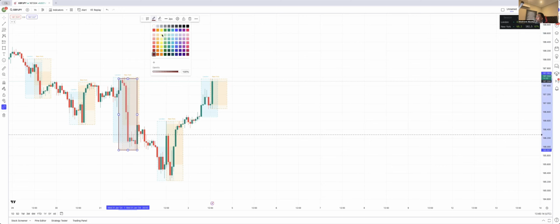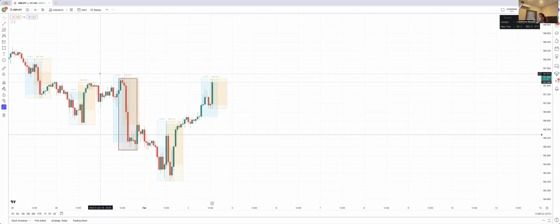Let me change the color to yellow. Oh no, yellow is not good. I think the previous color is good. I'm going to elaborate on this particular move and make sure that we get what we need when it comes to this move here.